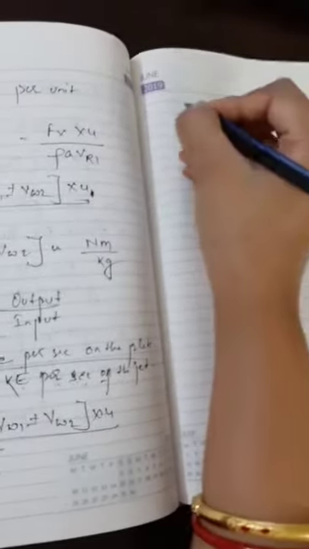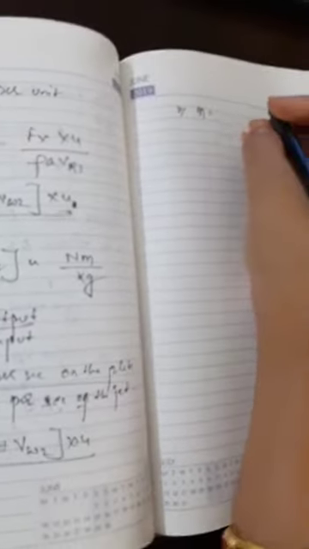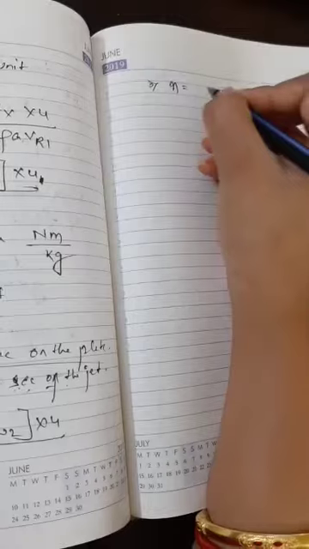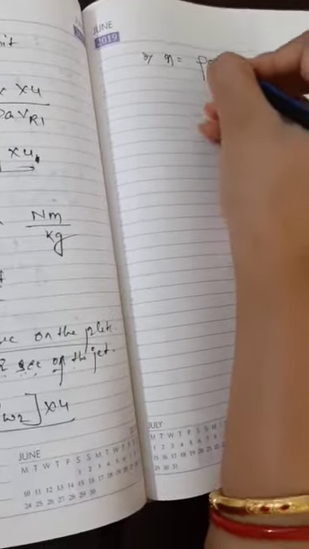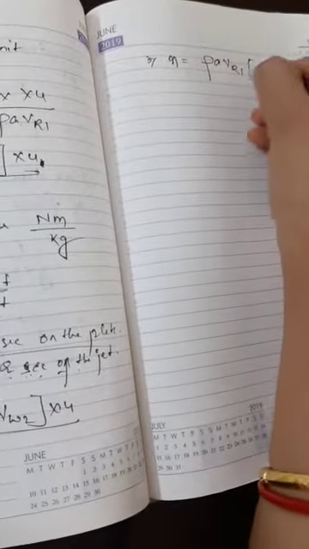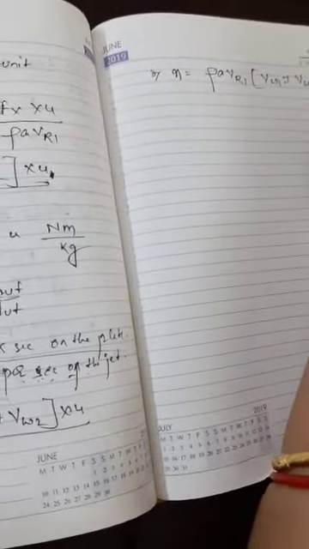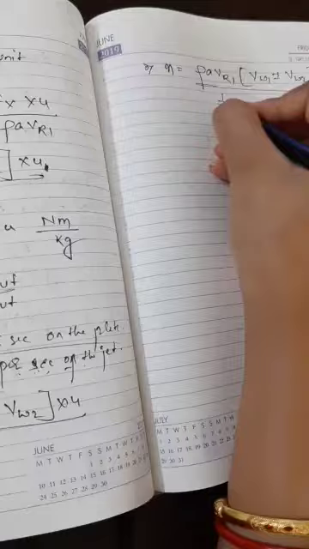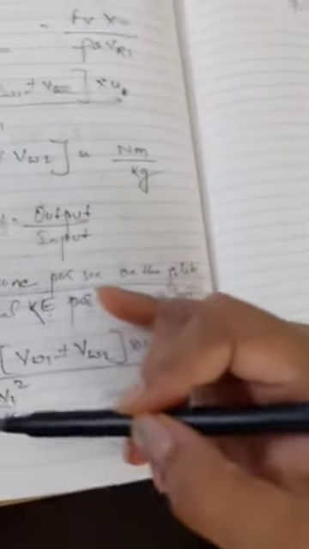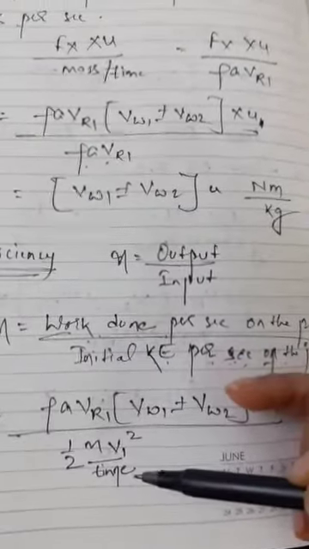So I can also write this as efficiency is equal to rho A VR1 (VW1 plus minus VW2) into U divided by, what is this? Mass by time.